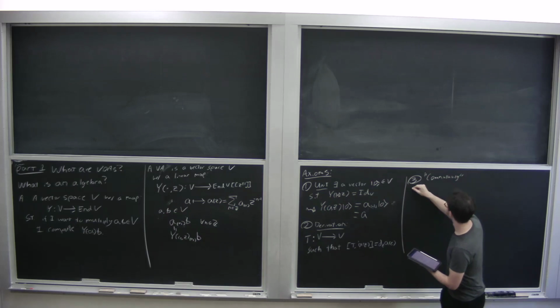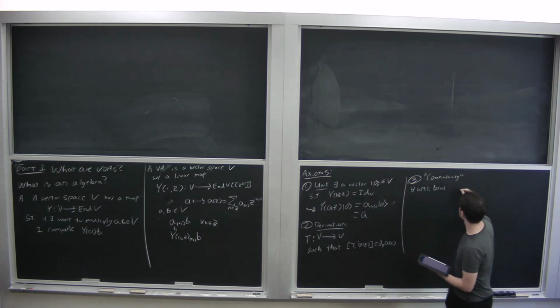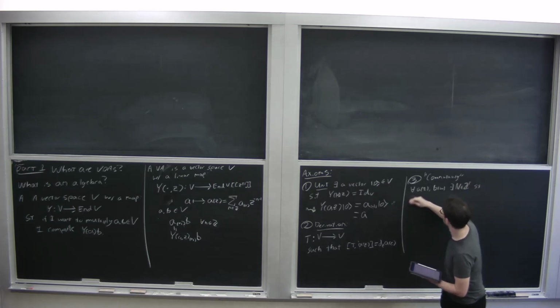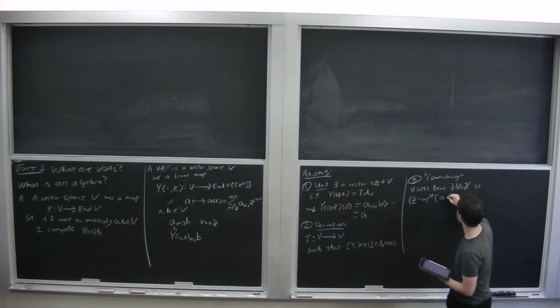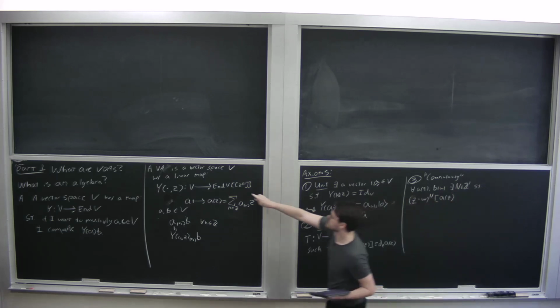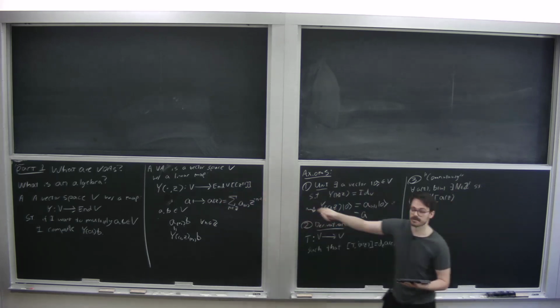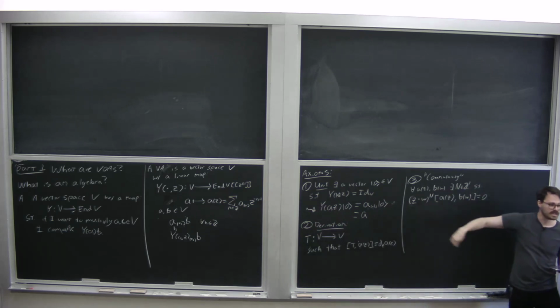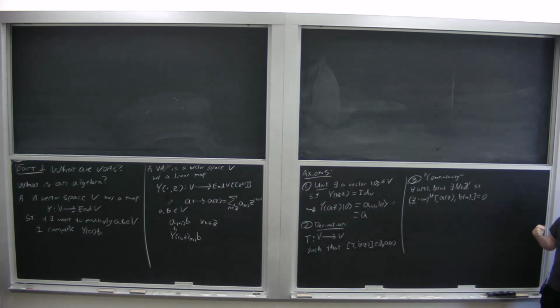This essentially says that for all fields in our vertex algebra, there exists some positive integer such that if I multiply the commutator of these fields, where the commutator is just the commutator on the endomorphism algebra, we want this to vanish if I multiply it by some sufficiently large power of z minus w.